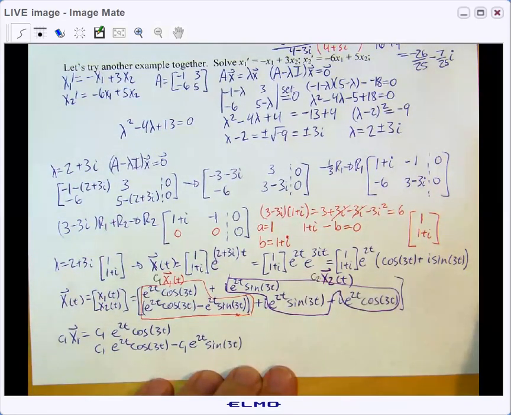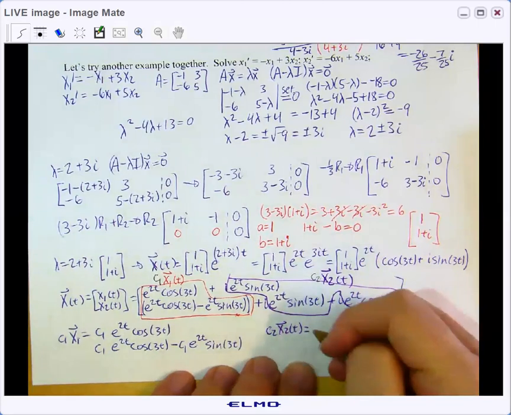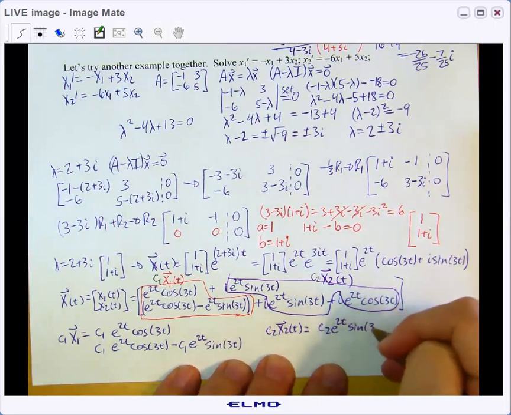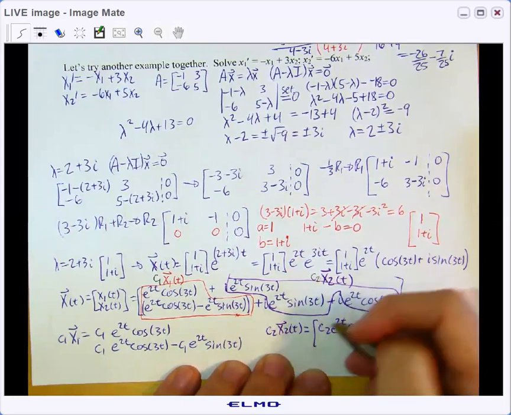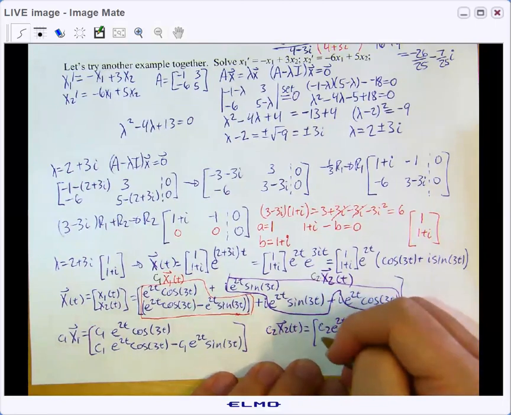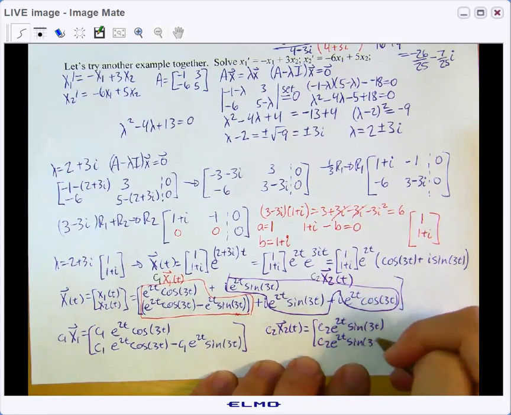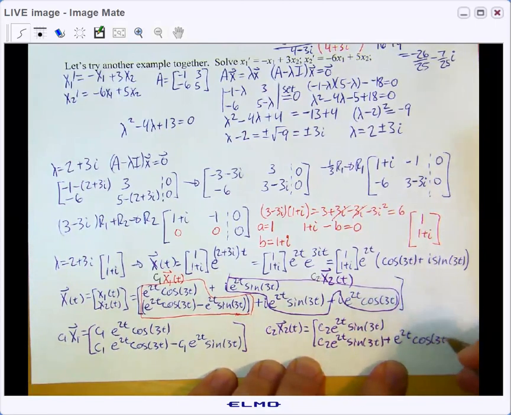And if we come over here and do c2 times the x2 vector solution, we'll get c2 e to the 2t sine of 3t on top, and we've got to make this guy a vector, and on the bottom c2 times e to the 2t sine of 3t plus e to the 2t cosine of 3t.